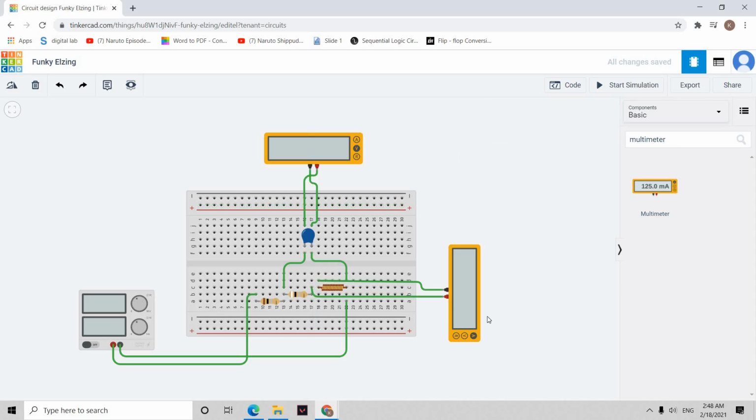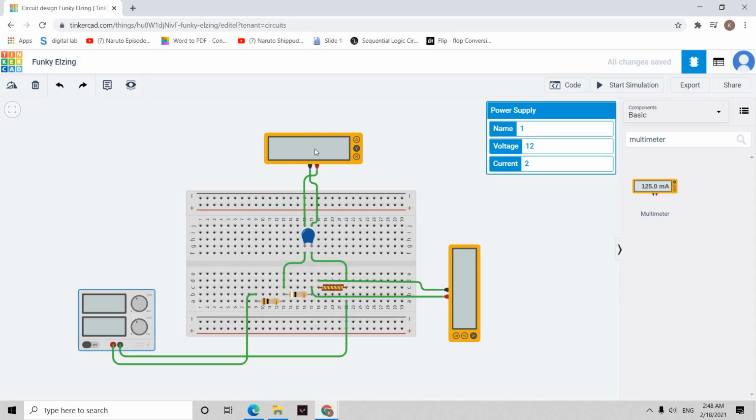Now we have placed all the components. To measure the VC, I have put a voltmeter over here, and for IL I have placed an ammeter over here, and we have a power supply which is 12 volt and 2 ampere. Okay, I'm going to simulate the circuit.